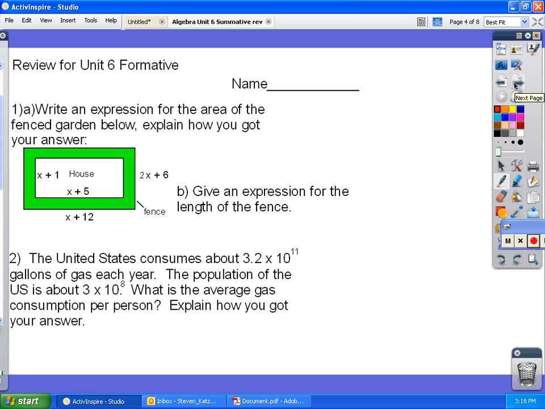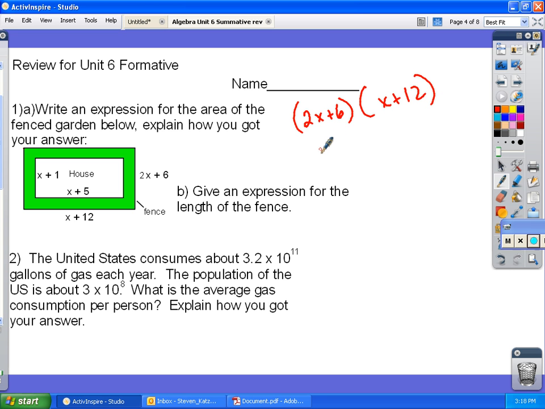Here you have, write an expression for the area of the fenced garden below. So that's the whole thing. So here's a house, and the fenced garden would be this green part right here. So to find the green part, I'm going to multiply the whole thing, which would be 2x plus 6 times x plus 12.